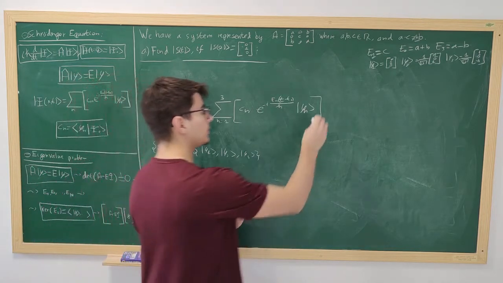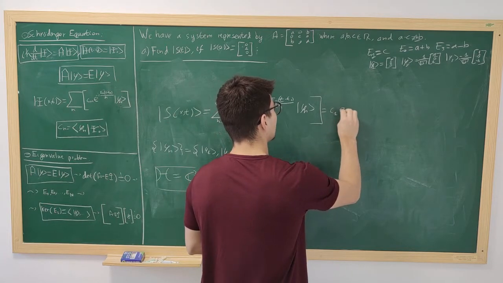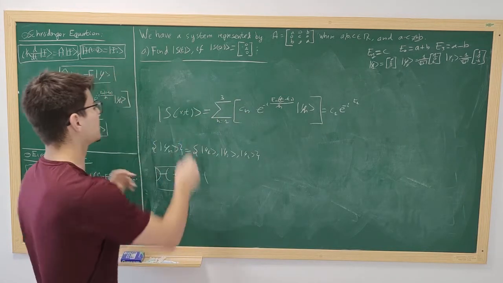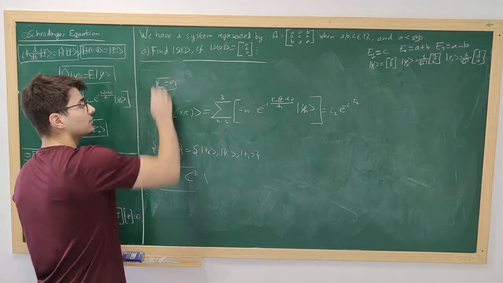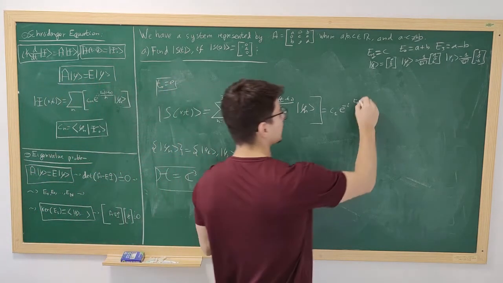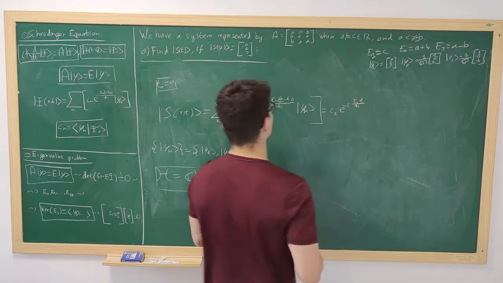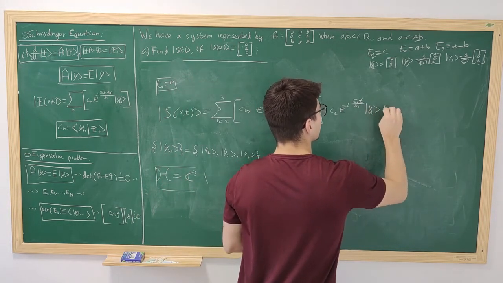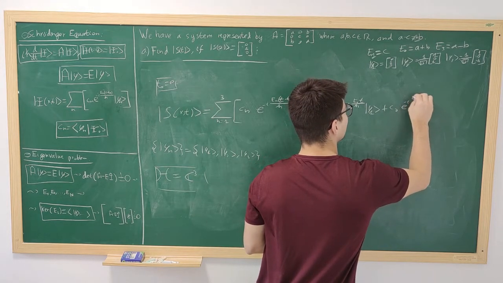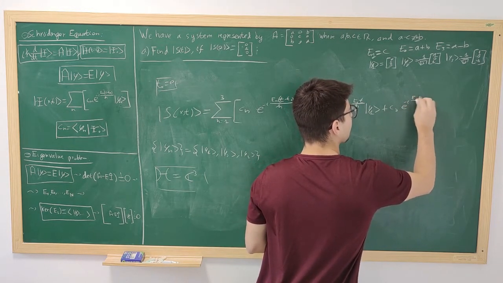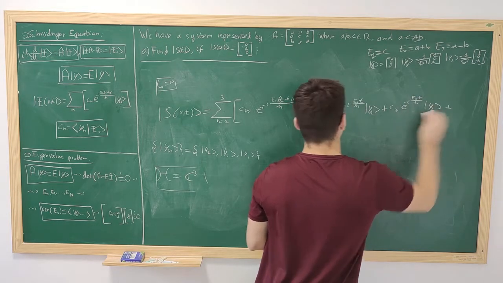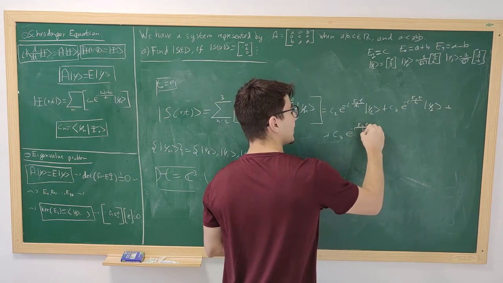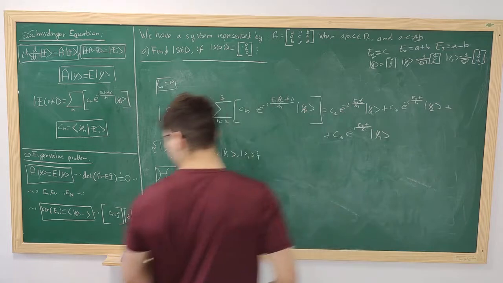So this is nothing but C1 times e to the minus i E1 t over h bar, and just really quickly, t0 in this case is just 0, so we don't need the t0, where h bar is the normalized Planck's constant, times phi 1, plus C2 e to the minus i E2 t over h bar phi 2, plus C3 e to the minus i E3 t over h bar phi 3.